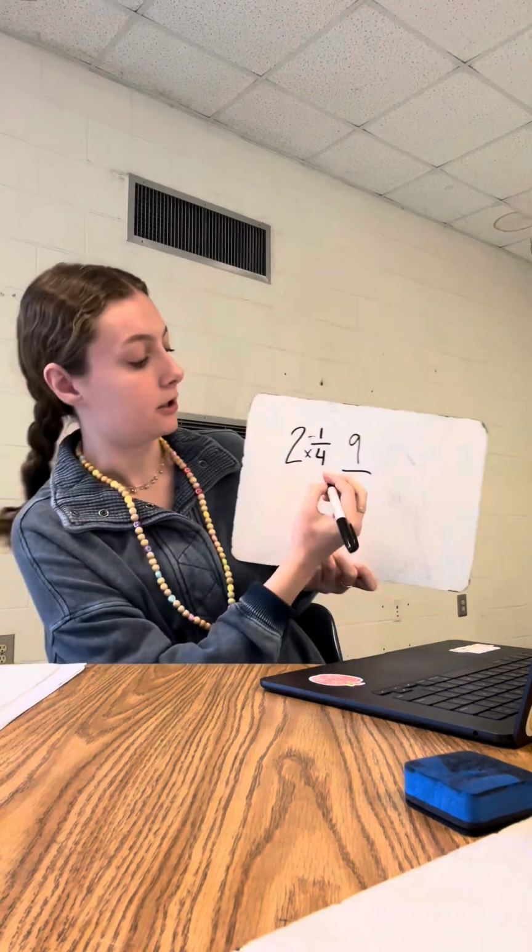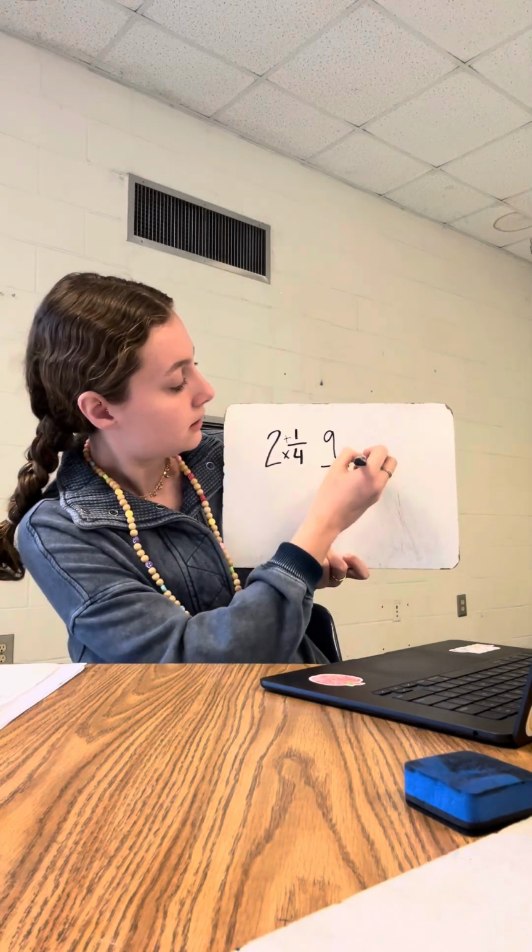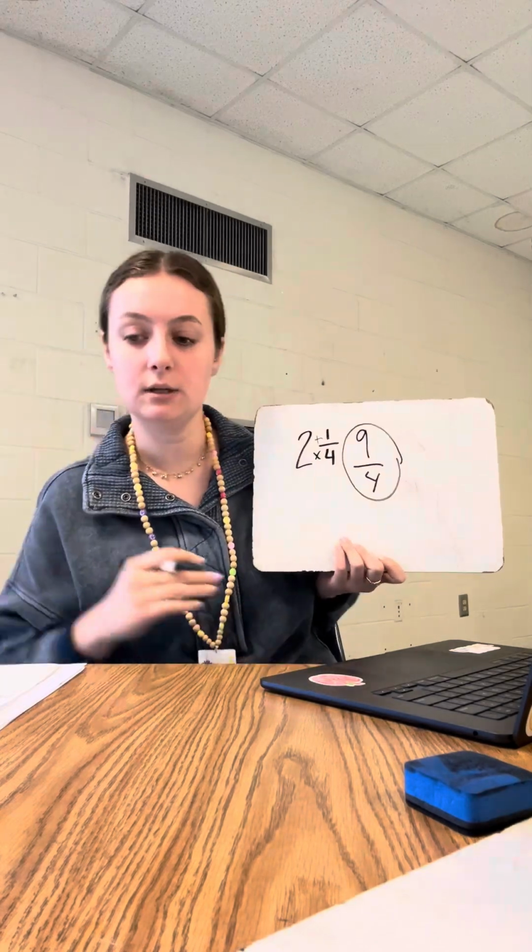And then what are we going to do with the 1 in the numerator? Add 8 plus 1. So 2 times 4 is 8, and then plus 1 is 9. Over what doesn't change? 4, the denominator. Good job. So that's our answer there.